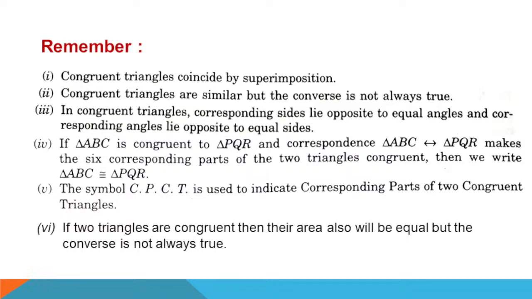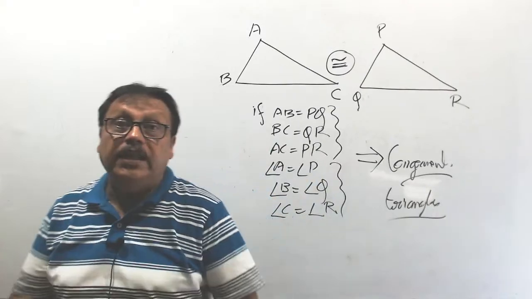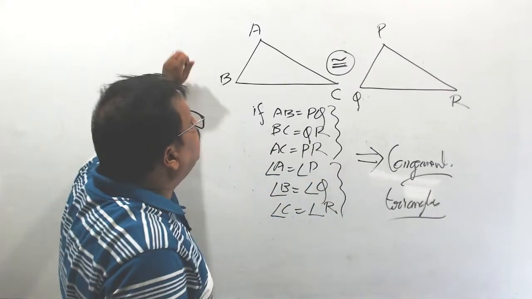You have to remember these points. Congruent triangles coincide by superimposition. What is this actually? Superimposition means what?